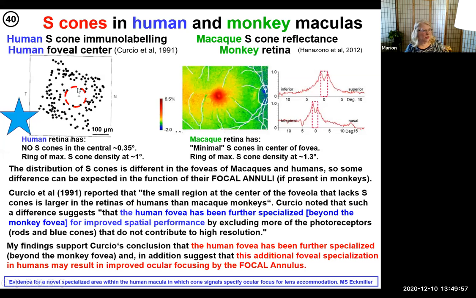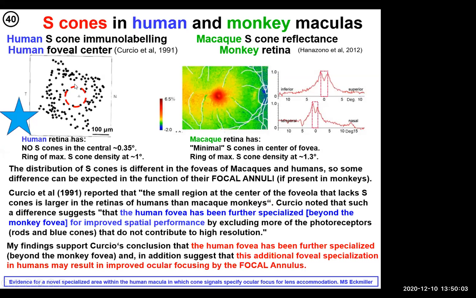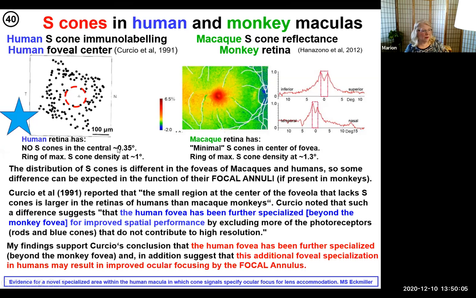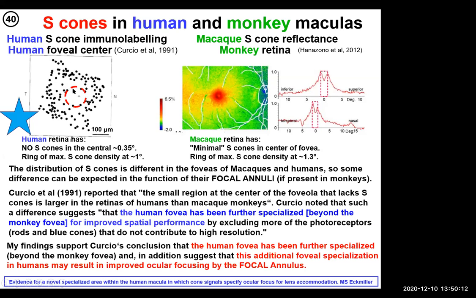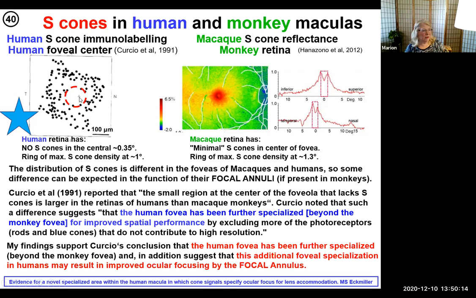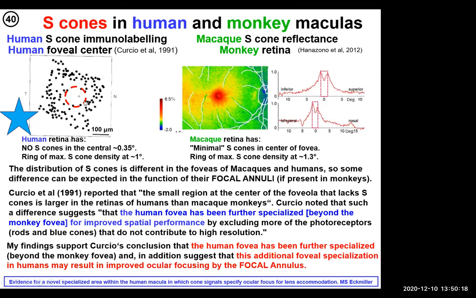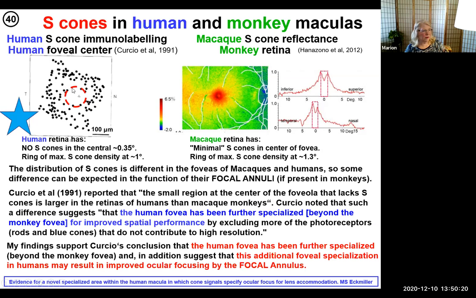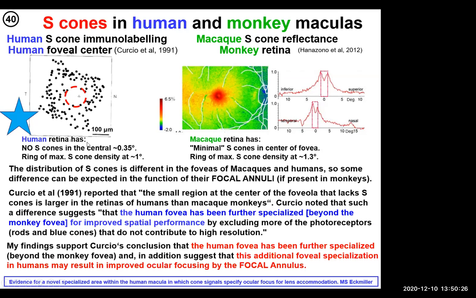Curcio has found that in the center of the human fovea, in a small central area of about 0.35 degrees, we have no S cones. This triangle shows the point of highest cone density. So you can define an area at the center of the fovea that has no S cones.